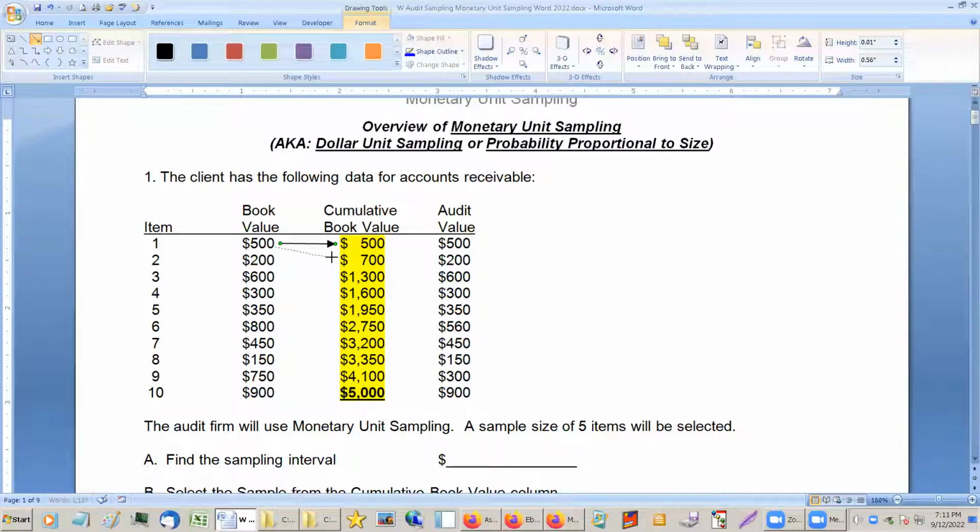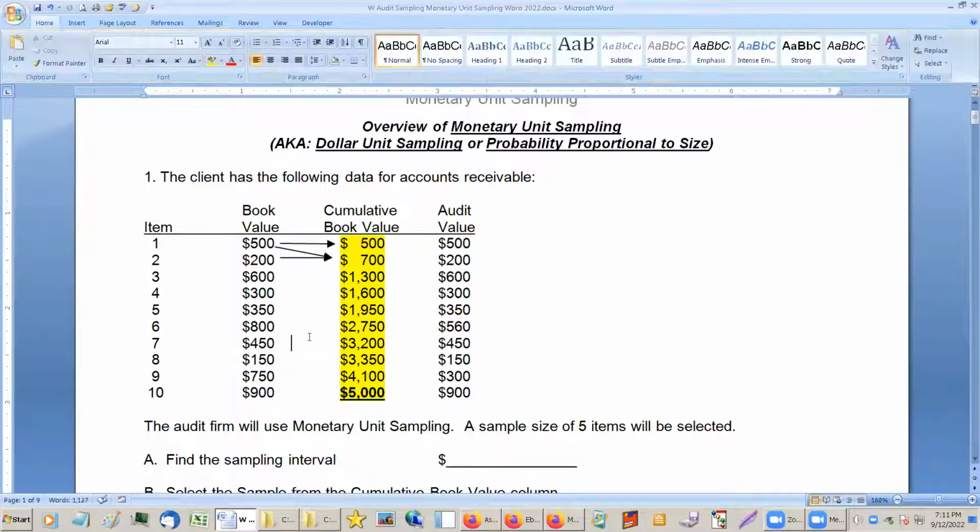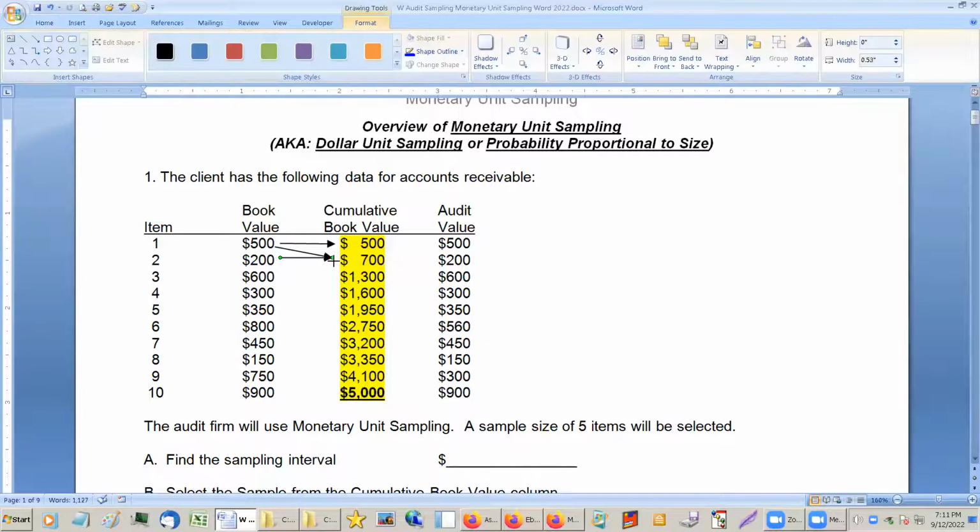The second one is 500 plus the 200. 1300 would be all three of these together.